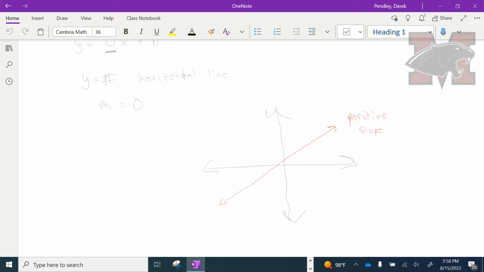And my green line, if I'm driving downhill, I have a negative slope. And if I'm driving on the freeway on a flat road, a horizontal line, my slope is 0.